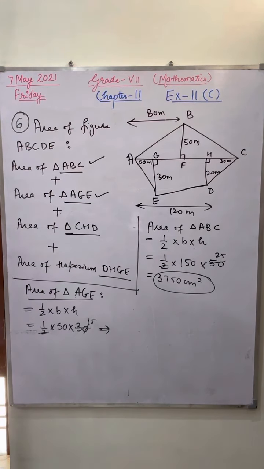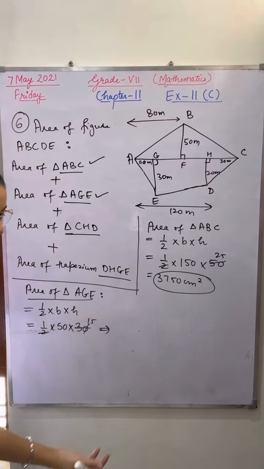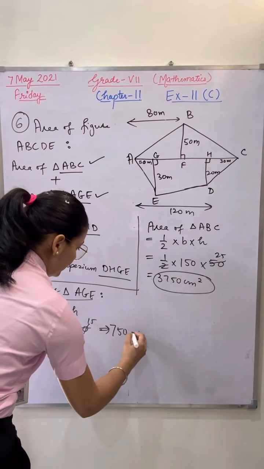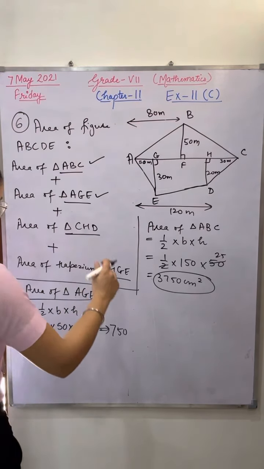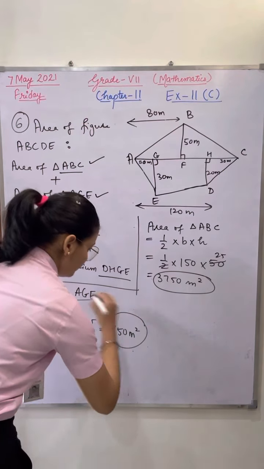How much? Quickly. 15 multiplied by 50. 750. Area will come in units. Tell me the units. Meter square. Very good. Please mute yourself.